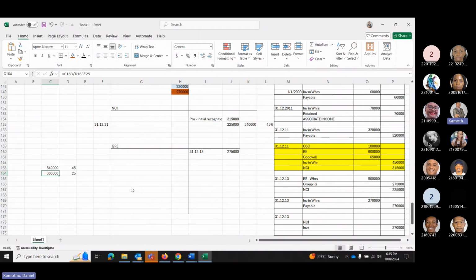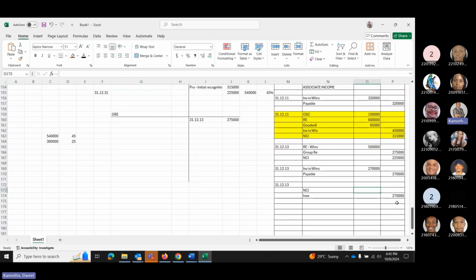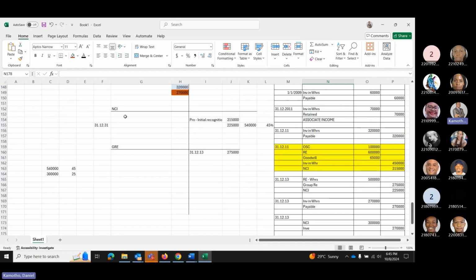So if we reduce NCI by 300,000, we will use the investment, which is what we are going to reduce in the journal. We are saying the NCI here will need to reduce by 300,000. Basically, we will debit NCI with 300,000, and the balance then will be 240,000, and 240,000 represents the 20%.